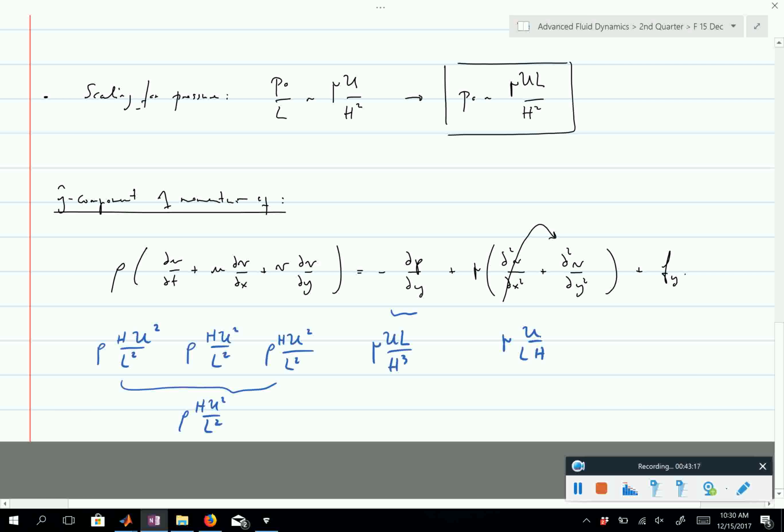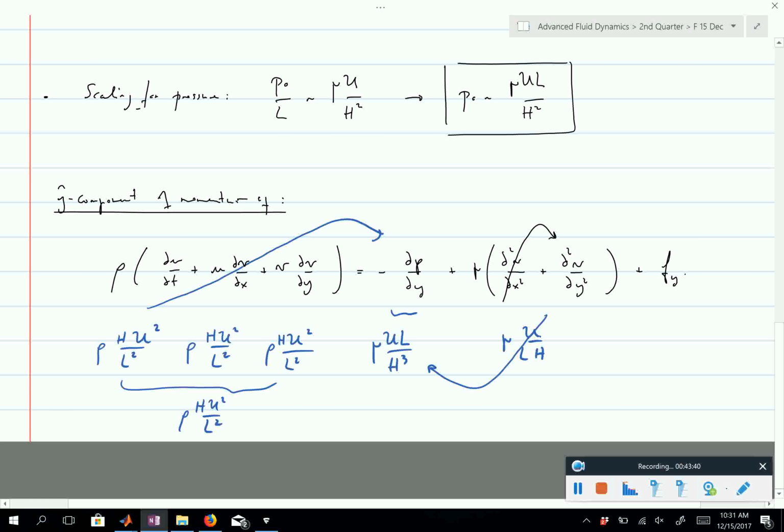Now this term here, because of the lubrication approximation, is going to be much smaller than these two. You just do it, and you'll find out that this term is really small. So those terms are all going to be neglected compared to those. And when you compare this one and that one, you see that this term is small compared to that one.